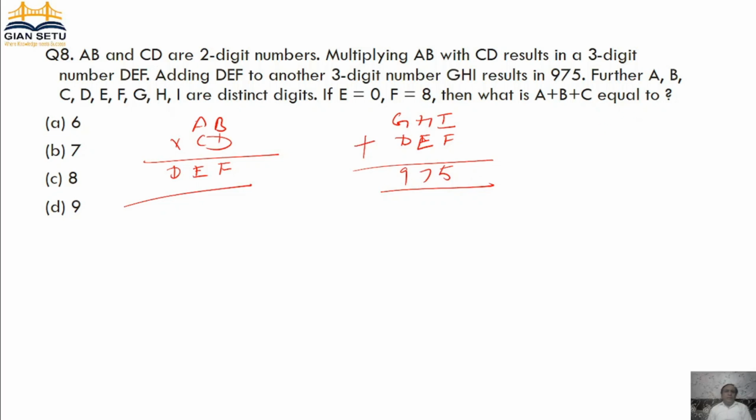Further, A, B, C, D, E, F, G, H, I are distinct digits, and E is equal to 0, F is equal to 8. Then what is the sum of A plus B plus C equal to?